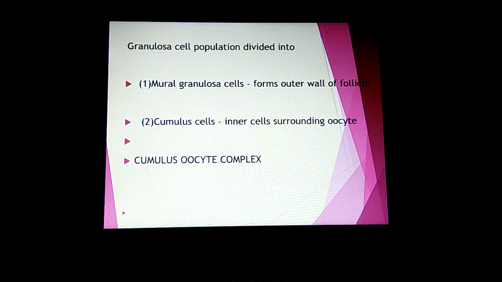You can see the granulosa cell population is divided into the mural granulosa cells, which form the outer wall of the follicle, and the cumulus cells which surround the oocyte. This cumulus cell and the oocyte together form the cumulus oocyte complex.